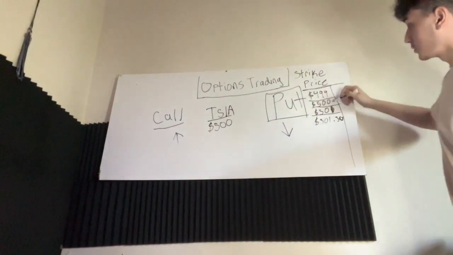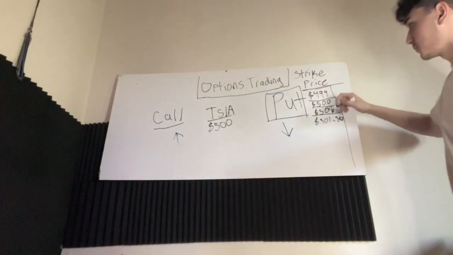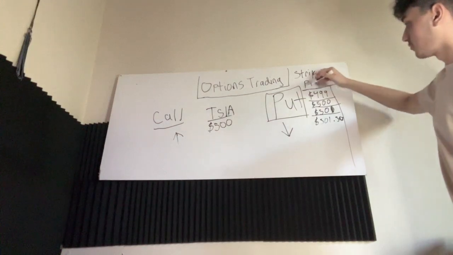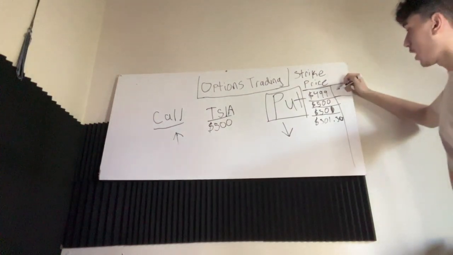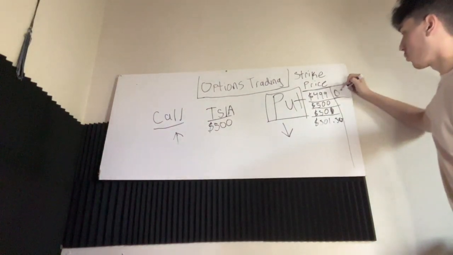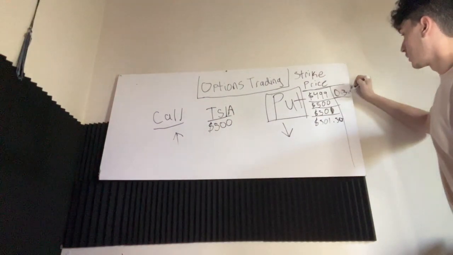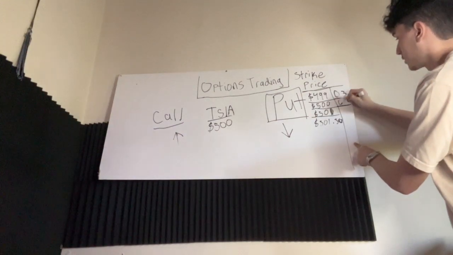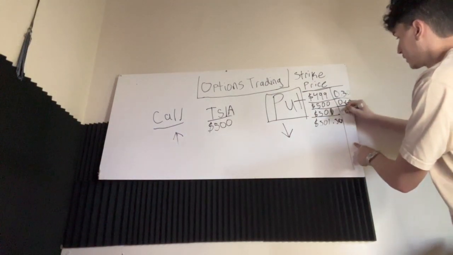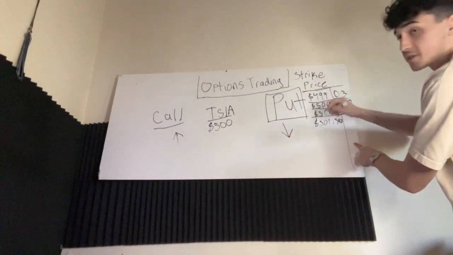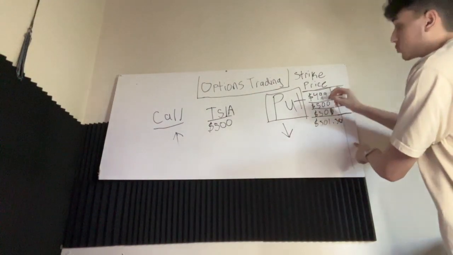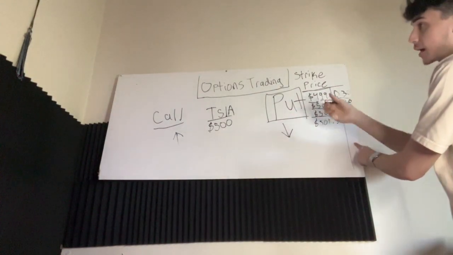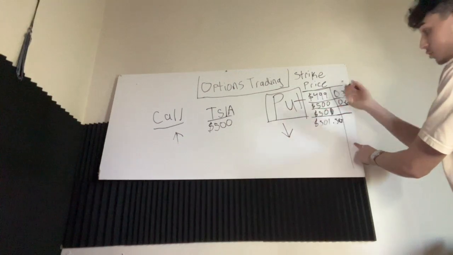Now, as I showed you guys, we have different strike prices here. Let's say that the 499 would cost about 0.30. And then right here, 500 would cost 0.60. And then as the strike prices go up, the actual price of what the contract would cost you to trade goes up as well.